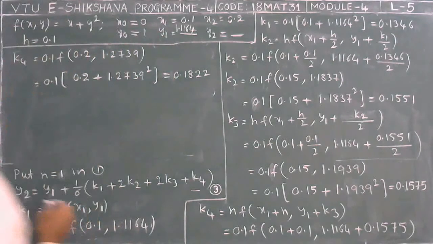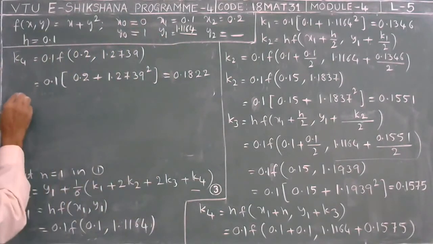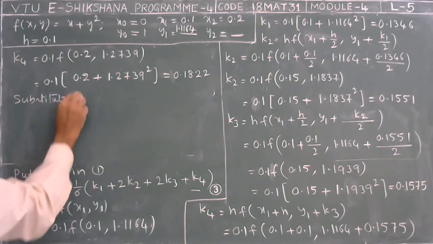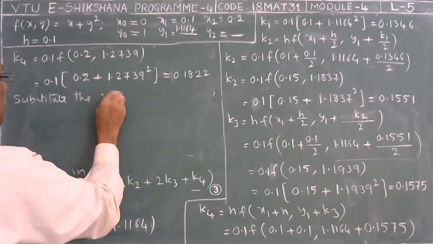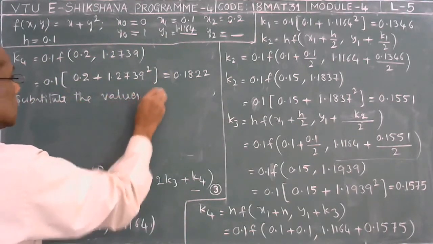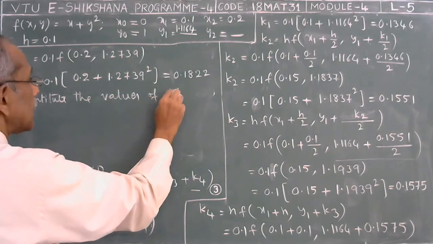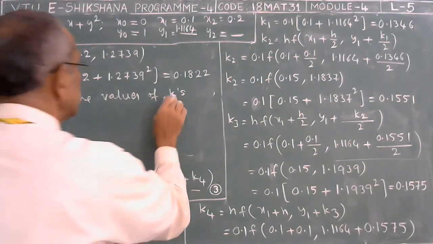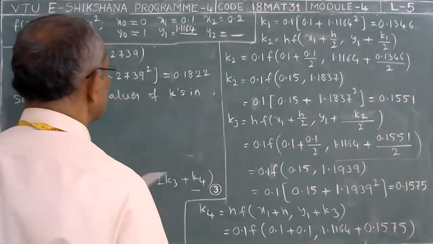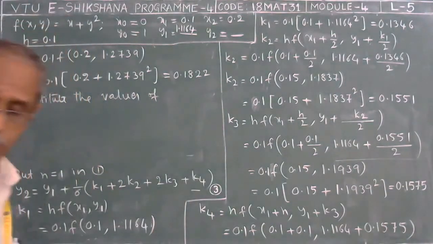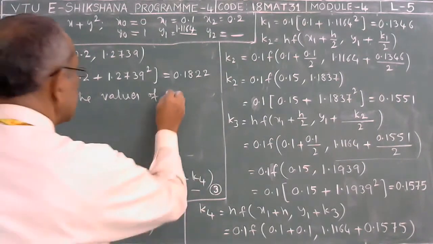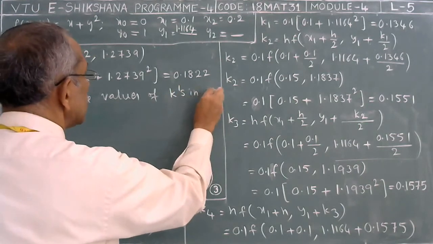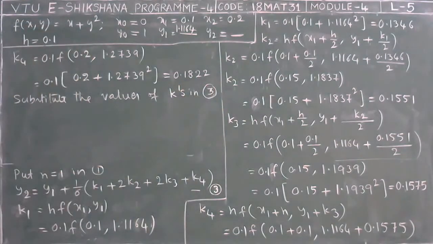Now substitute the values of K's, that is K1, K2, K3 and K4, in the relation 3. So what do you get now?